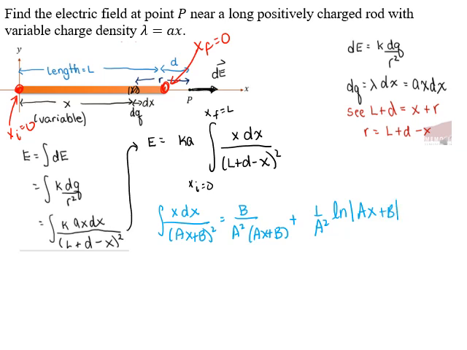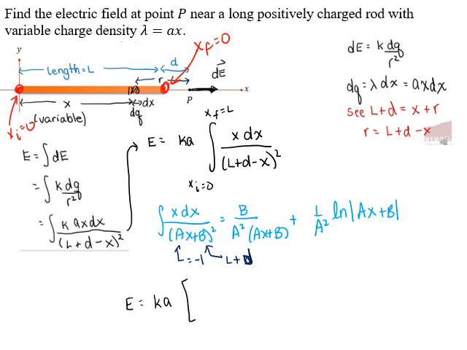Okay, this fits our problem where a is equal to minus 1 and b is equal to L plus D. So now we can use this result. Oh, I wrote an uppercase, should have been a lowercase. We can use this result to evaluate our integral, and we see that E is equal to K times A.